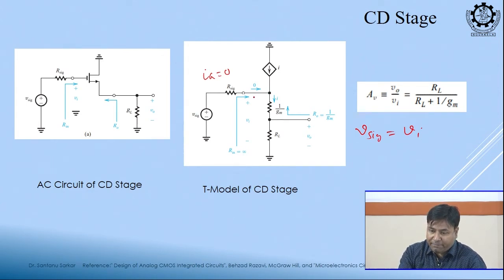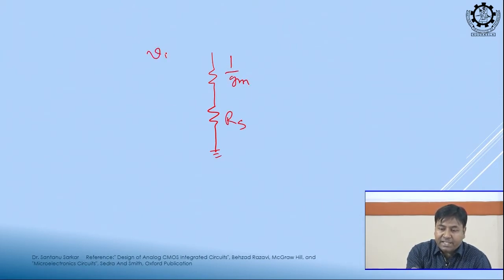If this node is Vi, then I can get this node. Why? Because this is just a potential divider. So, this is my Rs, this is my 1 by Gm, and this is my V in or V sig, whatever you say. This voltage is my output now.